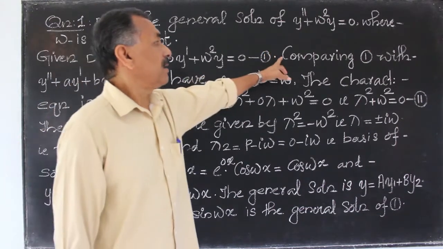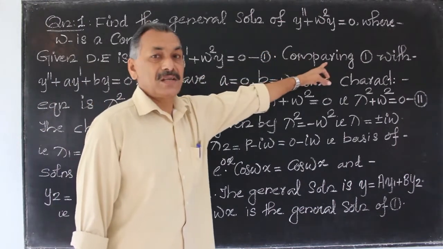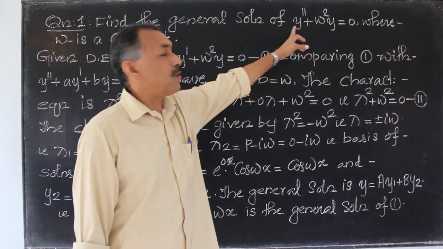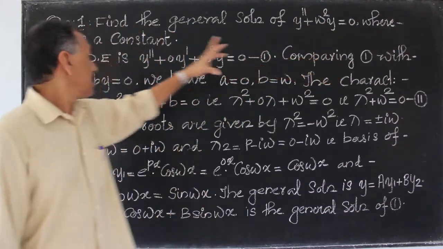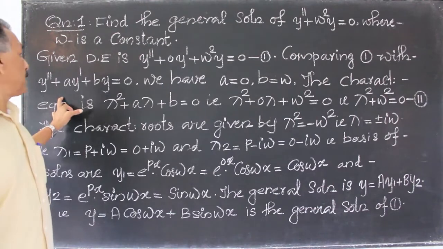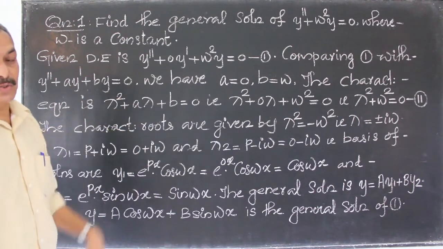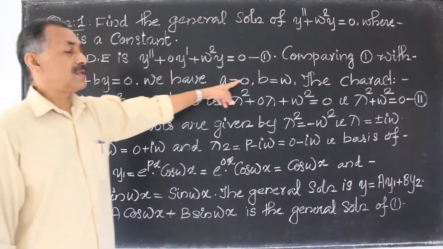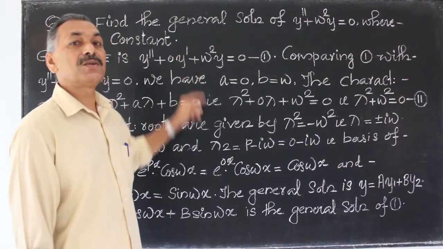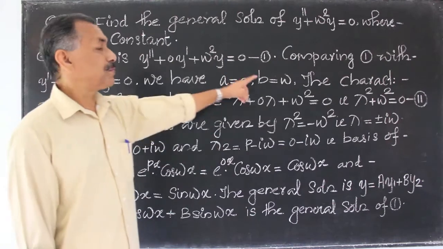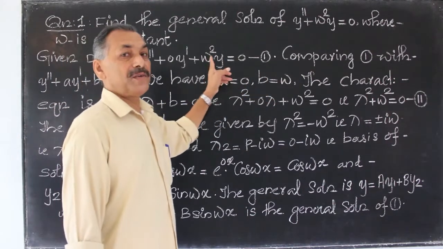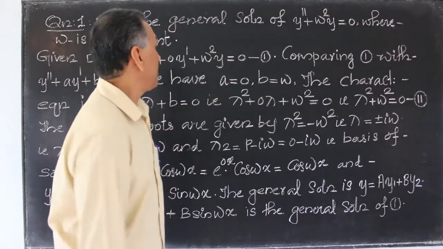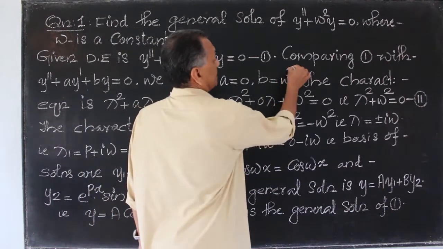Compare the given differential equation y'' + ω²y = 0 with the general form y'' + ay' + by = 0. Comparing, a is the coefficient of y', which equals 0, and b is the coefficient of y, which is ω².